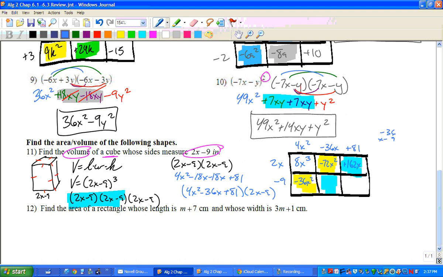Negative 36 times negative 9: 9 times 6 is 54, and 9 times 3 is 27, plus 5 is 32. So that's a positive 324x. And then 81 times 9 is 729, and that would be a negative 729.